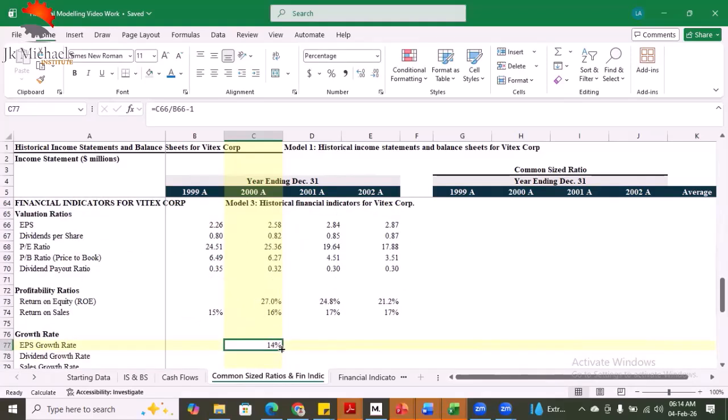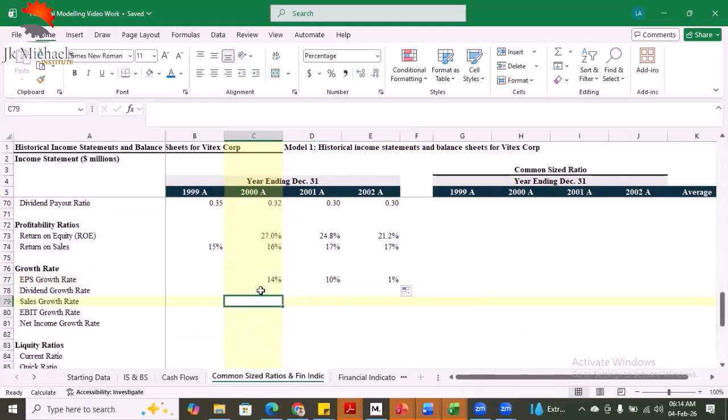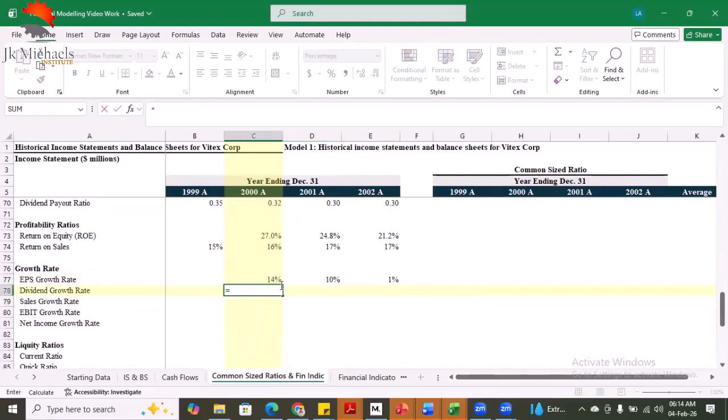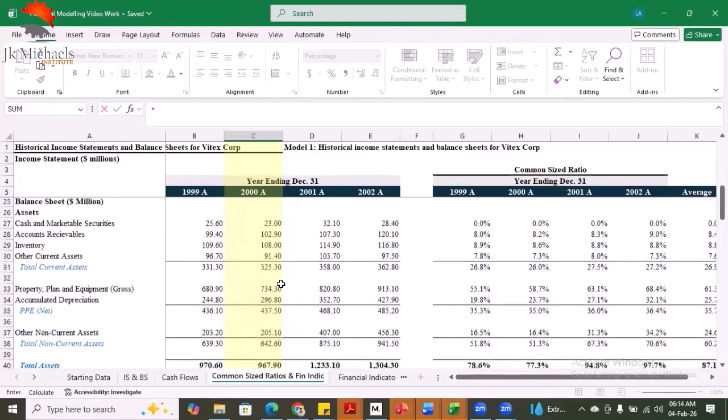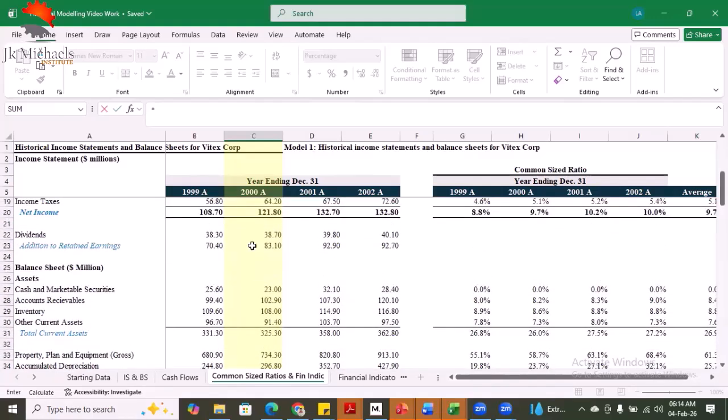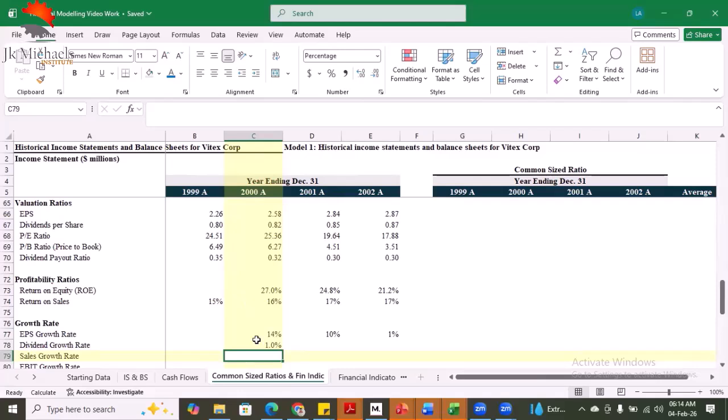Good, 14%, and then we pull this across. Now, dividend growth rate would be about the same thing. The dividends paid out will be our current period, divided by the previous period minus 1. And then we pull this across.